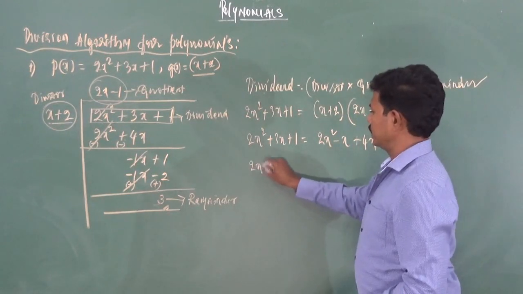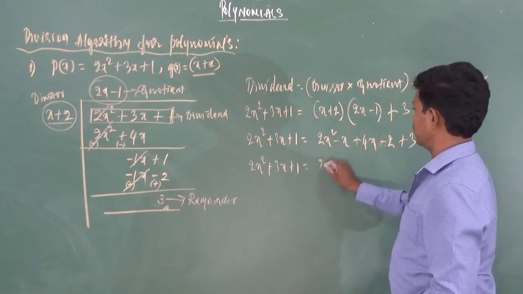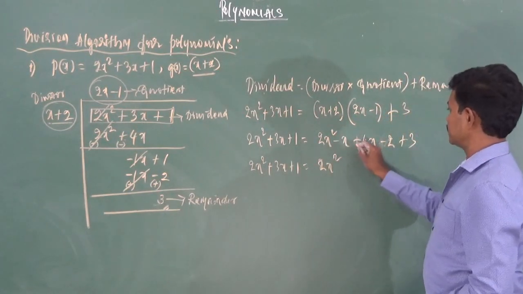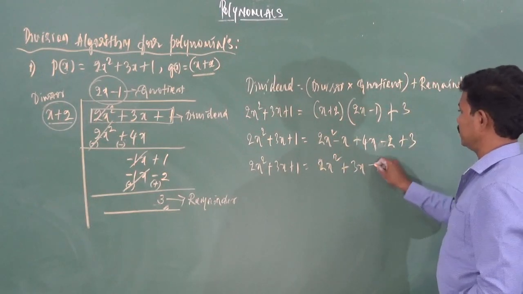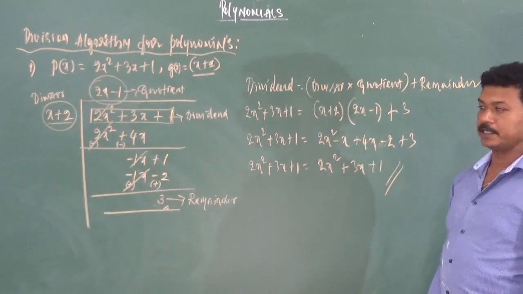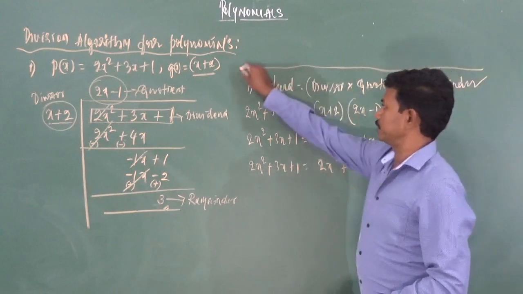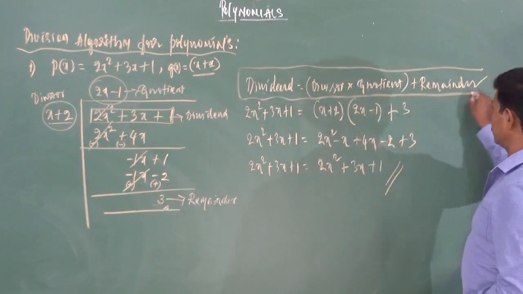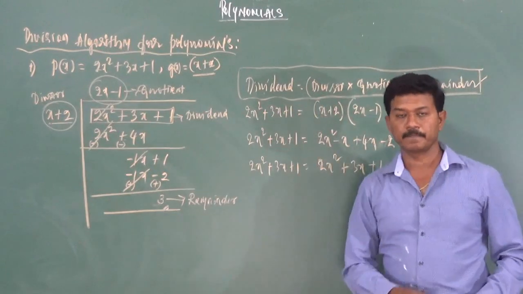So 2x square plus 3x plus 1 is equal to 2x square minus x plus 4x is plus 3x, minus 2 plus 3 is plus 1. Here we can see that the LHS has become equal to the RHS. So this relationship, dividend is equal to divisor into quotient plus remainder, is called the division algorithm for polynomials.